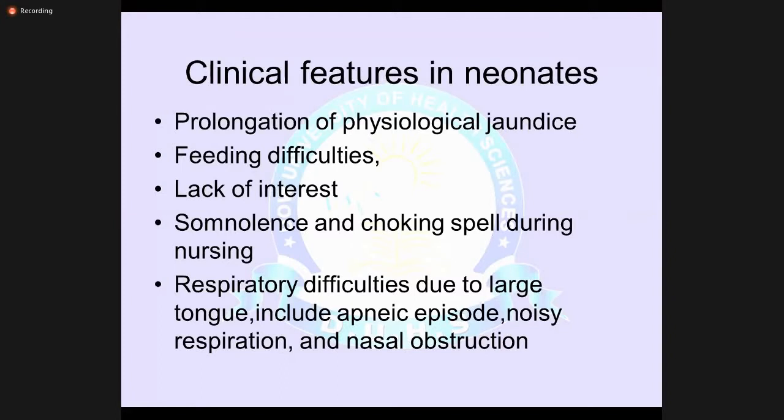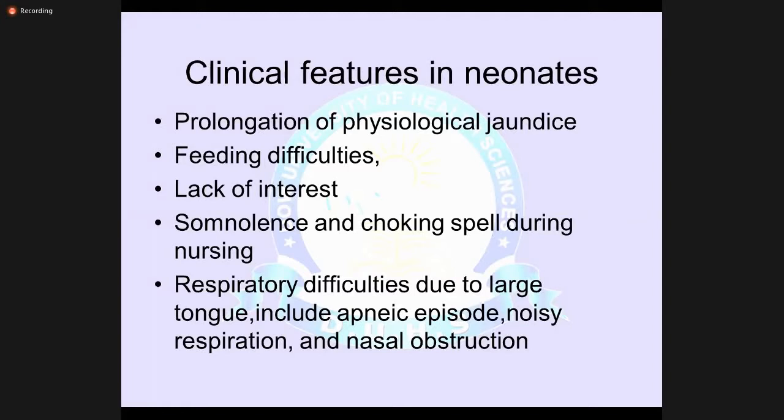In these babies, you will see prolongation of physiological jaundice. What is physiological jaundice? It is the jaundice that appears on day 2 or day 3 of life, reaches its peak at around 6 to 7 days, and by about 10 to 12 days, it disappears. It's a normal physiological jaundice.